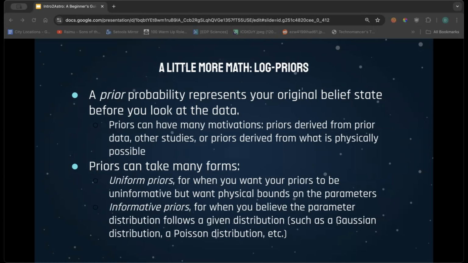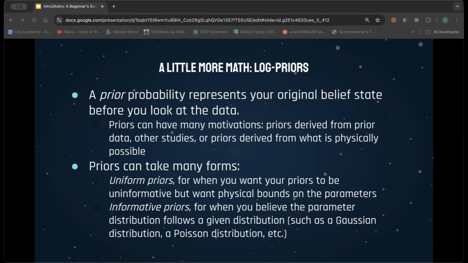You know the planet has to have a mass larger than 0 because it can't have a negative mass, right? And it has to have a mass of, say, less than the sun because it's not a planet once it's the size of the sun. But other than that, you really have no idea what the mass might be. And you'd have no reason to prefer a result of, say, 1 Earth mass to a result of, say, 10 Earth masses. In that case, you might want what's called an uninformative prior, one that doesn't really affect the results.